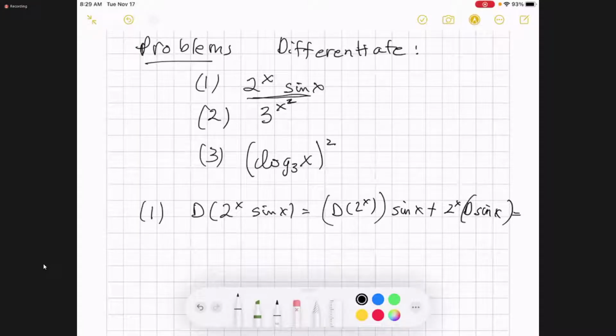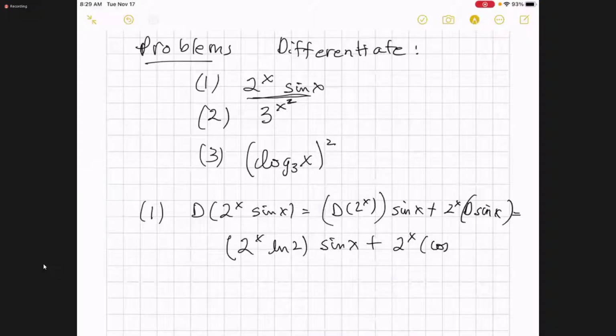And the derivative of 2 to the x is 2 to the x ln of 2 times sine of x, and then plus 2 to the x times the cosine of x. Okay.